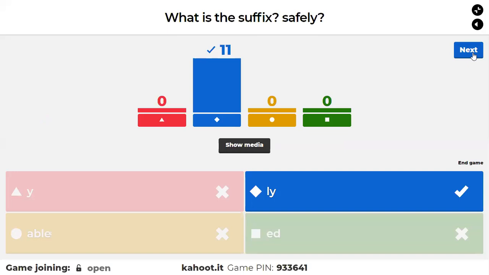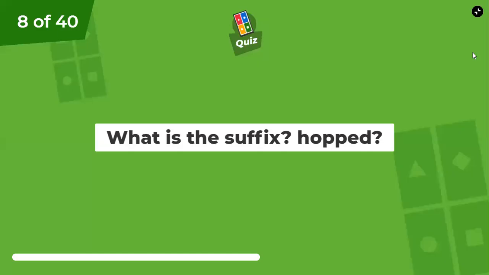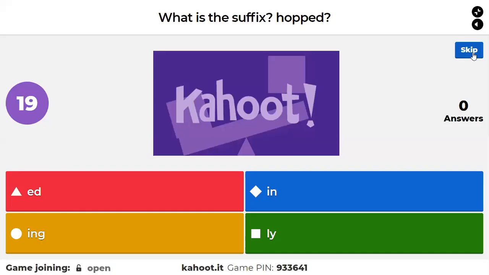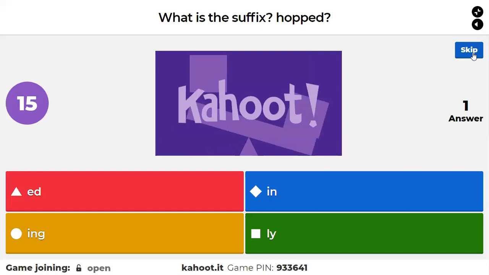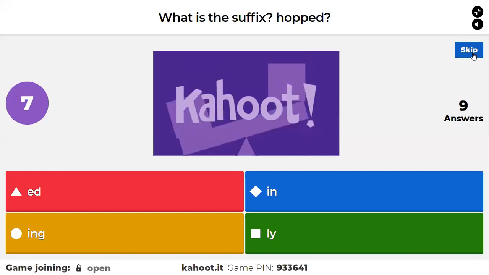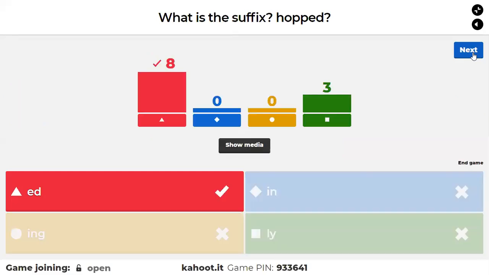So the next one. What is the suffix to hopped? Is it red ed, blue in, yellow ing, or green ly? It is red ed.